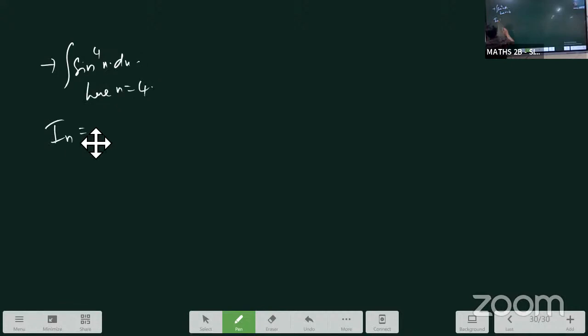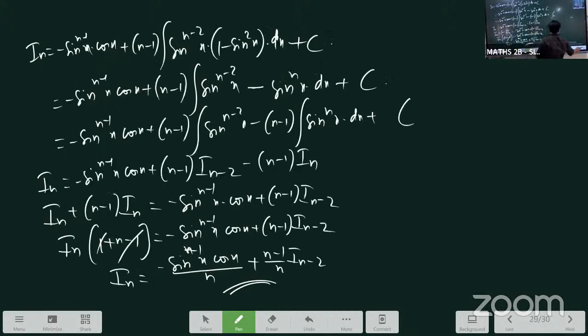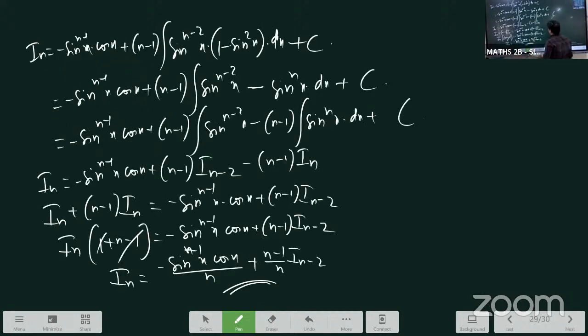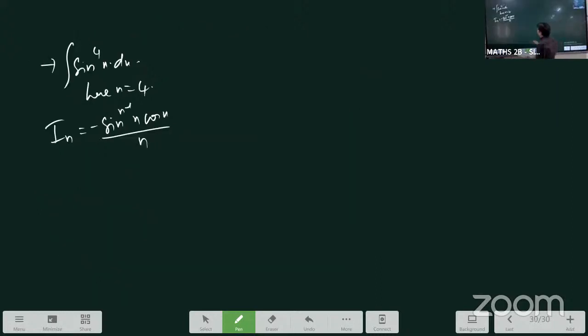What was your In? Just now we derived the formula, no? Minus sin to the power n minus 1 x cos x by n plus n minus 1 by n In minus 2.